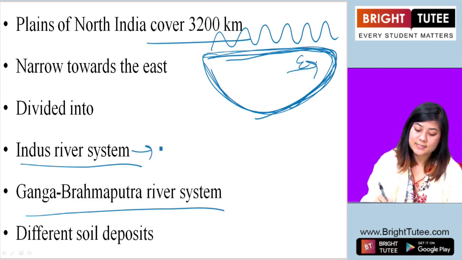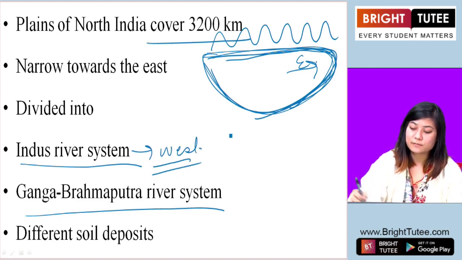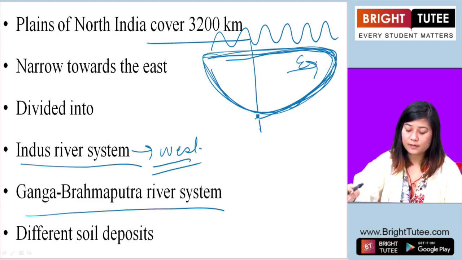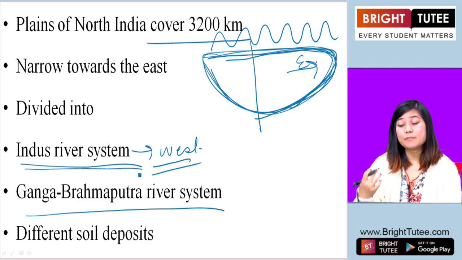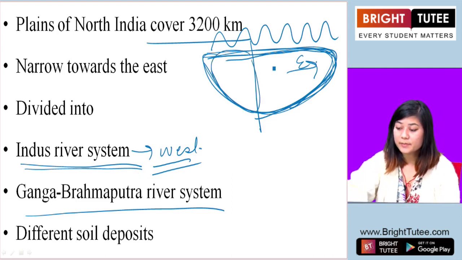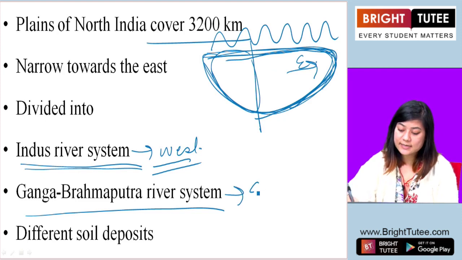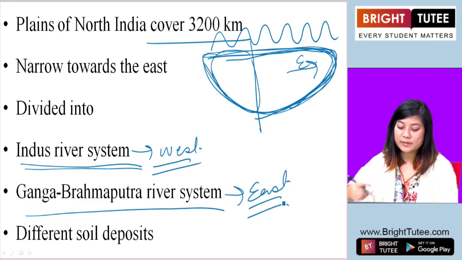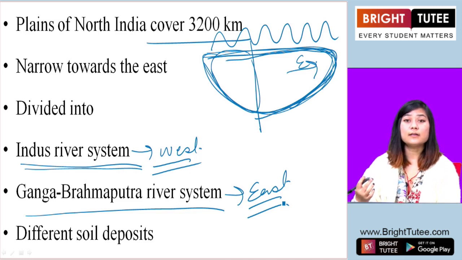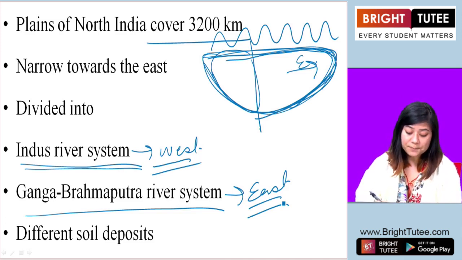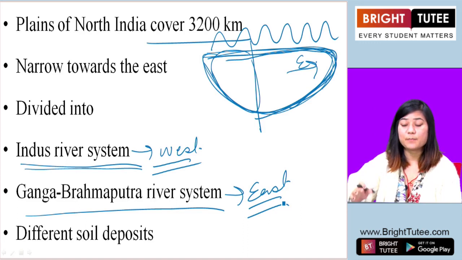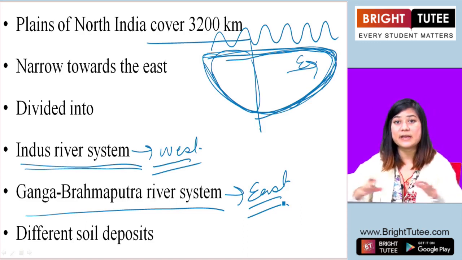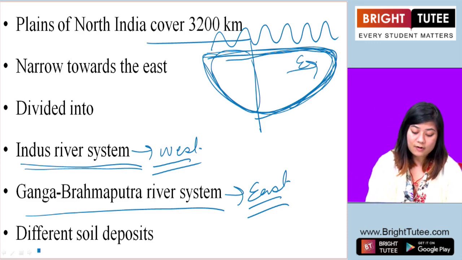So in the western part of the North Indian plain, the Indus river system plays an important role in its formation. But if you go towards the east, then the two rivers which play an important role are the Ganga and Brahmaputra. Now the soils that are deposited by these rivers in the vast plain areas are also different.